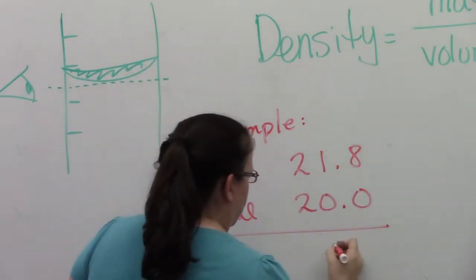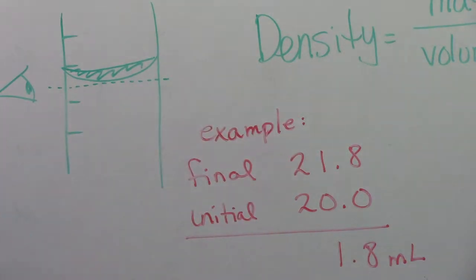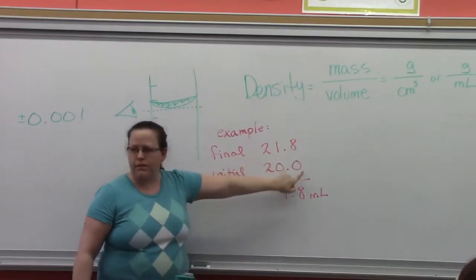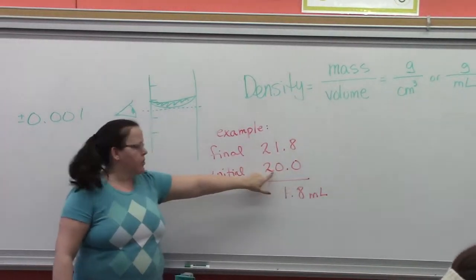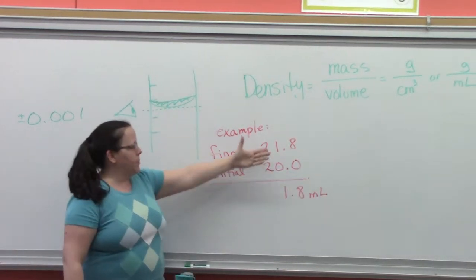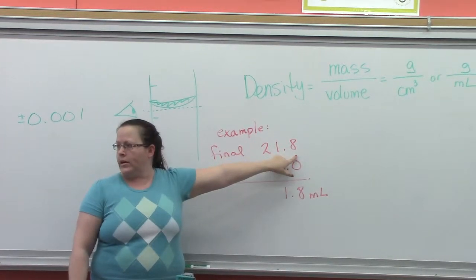So, a little example of how to do this. Your volume measurements that you recorded should have a 10th place number on them. If I was right at 20, it's 20.0. If I went up, in my case I'd said 21.8, but if I call that 22, I'm going to call it 22.0.